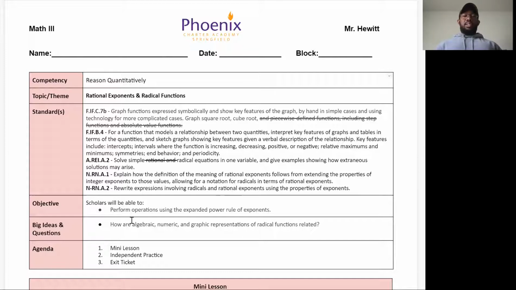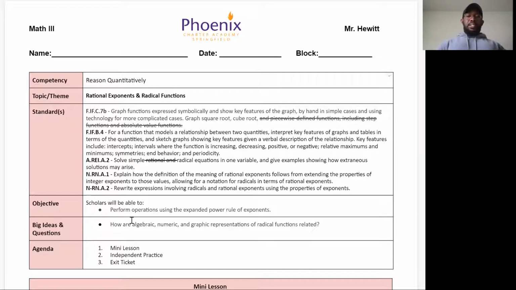Everything we're learning builds on top of the other. What you learned on Monday, you're going to need for today. What you learn today, you're going to need for Friday, and so on.